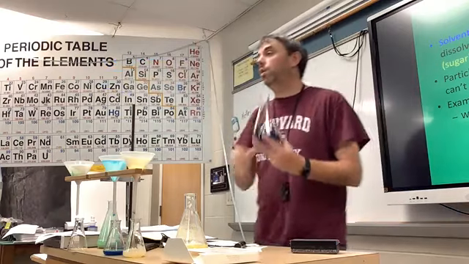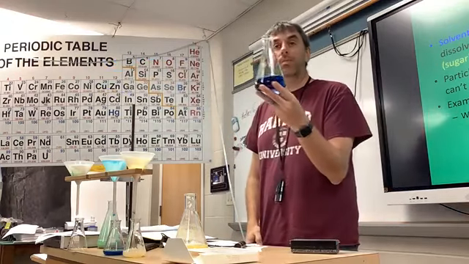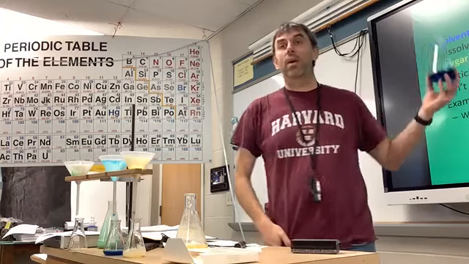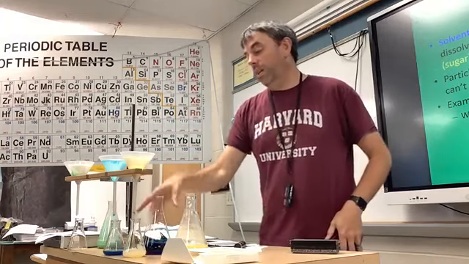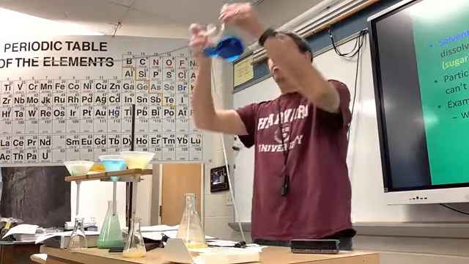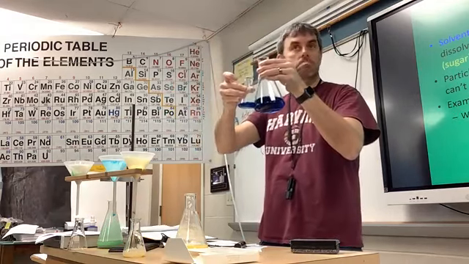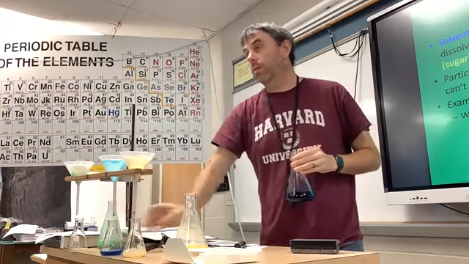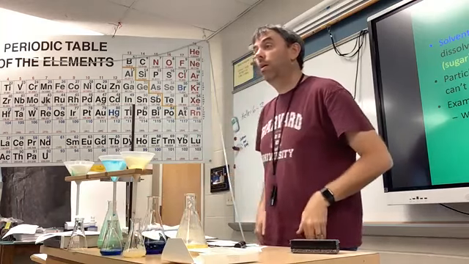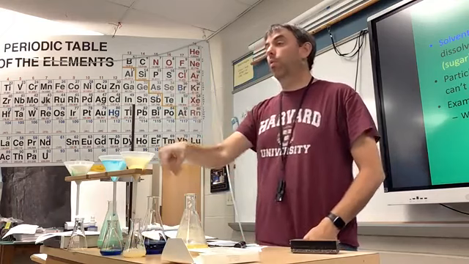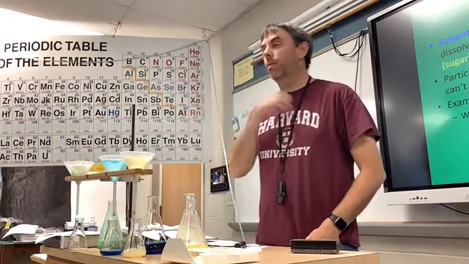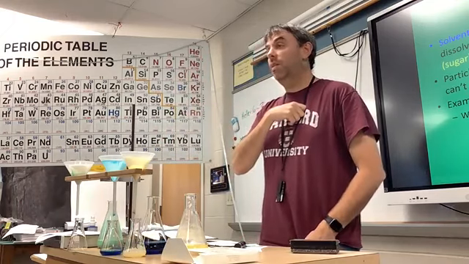This is sugar, blue food coloring, and water. Did it filter? Yep. When I mean filter, I mean it doesn't look any different after it goes through the filter. This is water, blue food coloring, and sugar. So that is the blue.